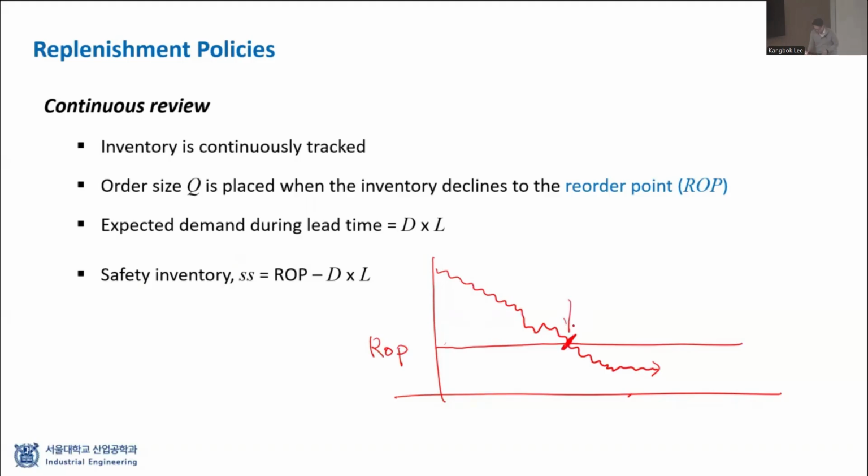If my order arrives immediately, then my inventory position would increase immediately. However, this is not always the case, and if I have some lead time, then my order here would make an impact here, but my inventory position at that time would not be the same as this reorder point. So it can be either positive or it can even go below 0 and make a back order. So this is just a similar problem that we had before in terms of the order point.